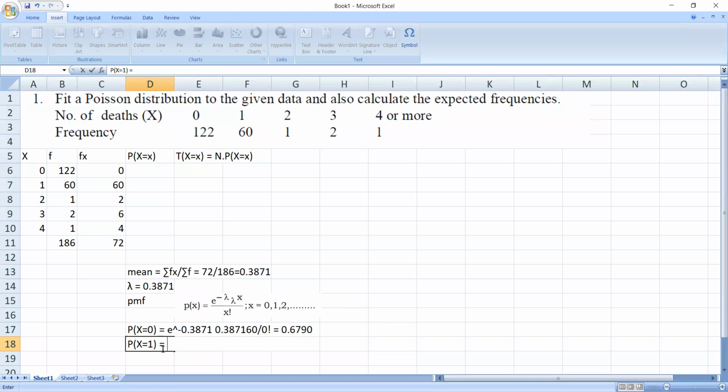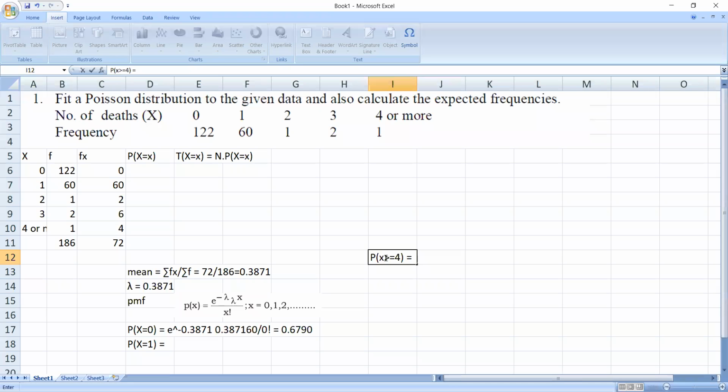And to compute the last probability, the last value of x is actually not 4, but it is 4 or more. This happens in almost all the fitting problems of Poisson. But for the computation of mean, we'll take it as only 4. While computing the probabilities, we should compute the probability for P of x greater than or equal to 4.